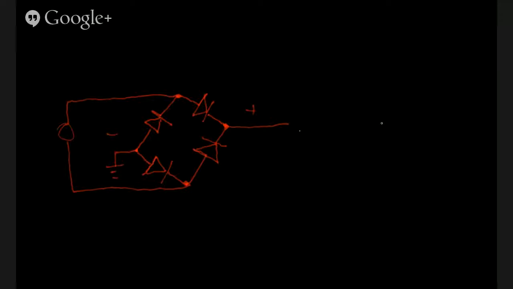Actually, we've basically just constructed a power supply. We call this a linear power supply. We'll go ahead and add some extra filtering.